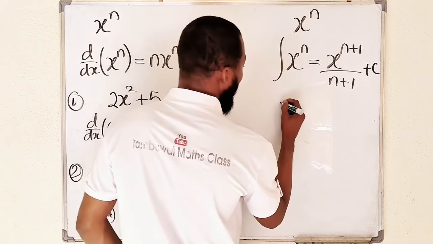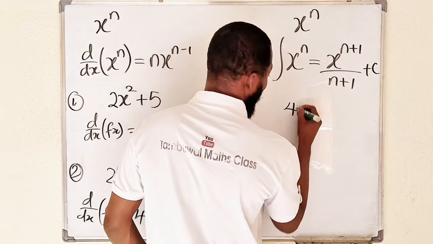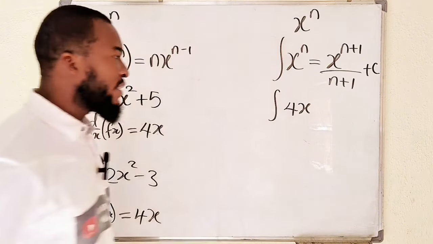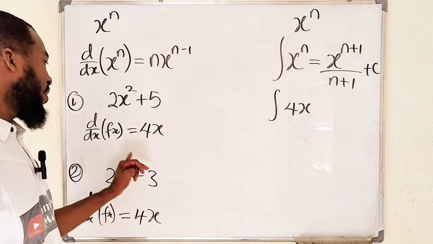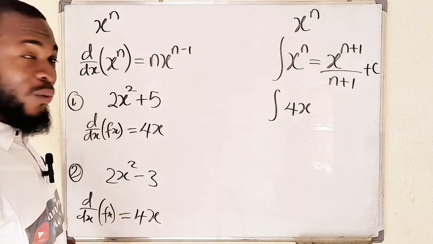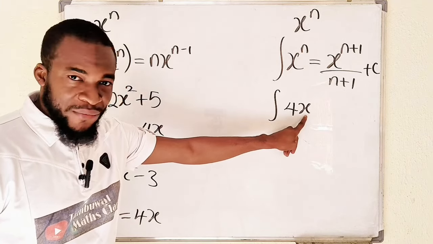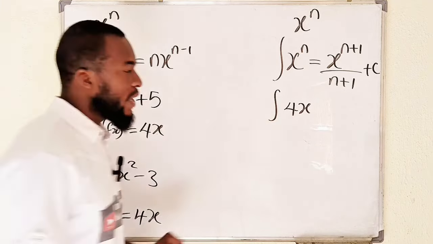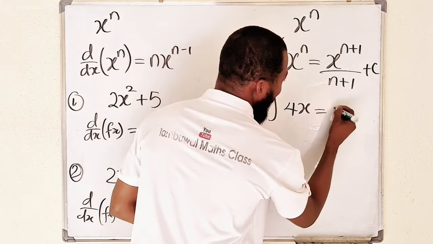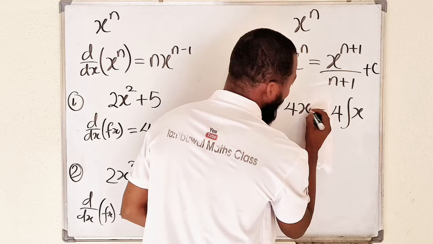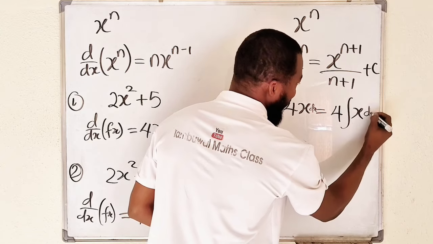Our function is what? 4x. We want to integrate it. If we integrate this, we expect to have either this or this back. But remember, our main concern is the variable, so we can bring 4 outside. So this is the same thing as 4 multiplied by the integral of just x, with respect to x, sorry, we should have dx here.